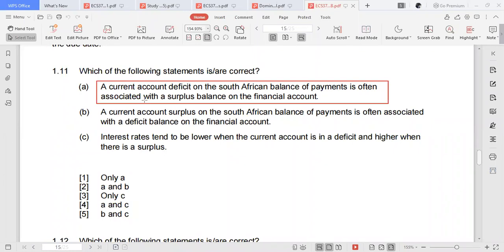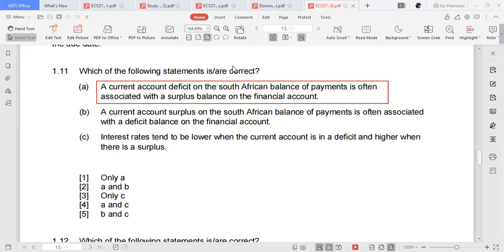Already we know, if we take a look at the first chapter, which introduces us to the balance of payments, that it is a statement that records all financial transactions that take place between a country and its trading partners. Whenever South Africa engages in international transactions with other countries, everything is recorded in the balance of payments.